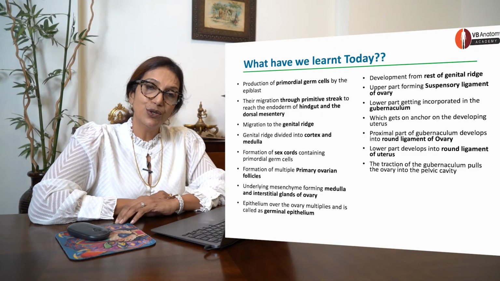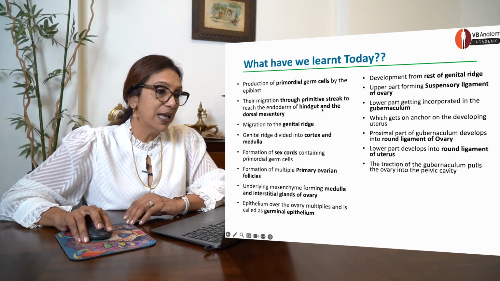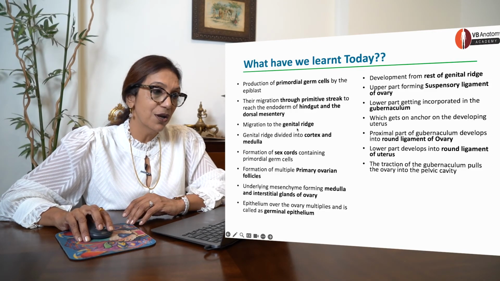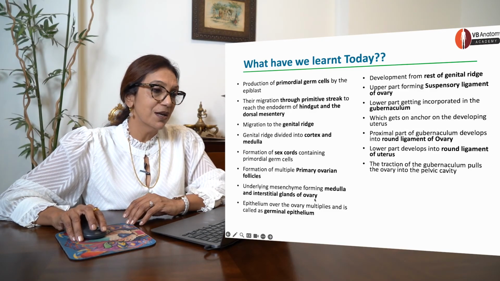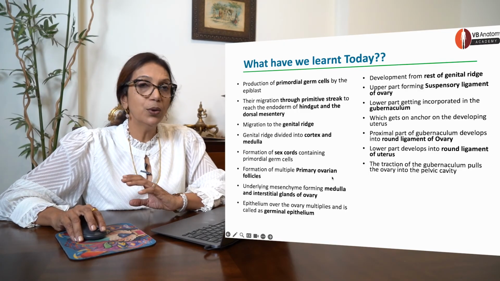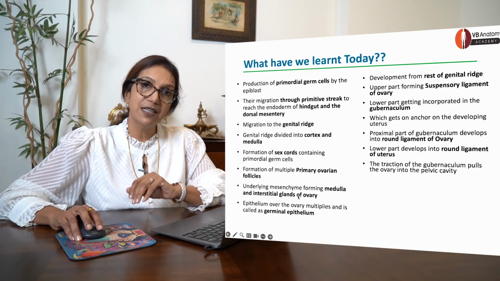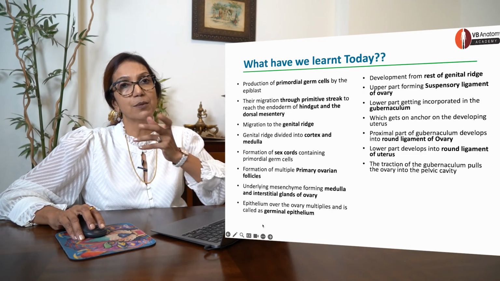So what have we learned today? We've learned about development of primordial germ cells, their migration to the genital ridge, formation of sex cords, formation of primary ovarian follicles. Then we talked about how there is formation of medulla of ovary as well as interstitial glands and the covering germinal epithelium.